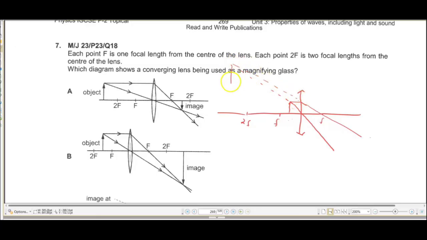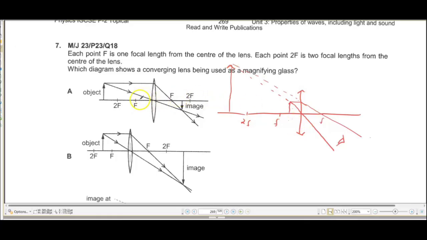The image is formed over here. So this is basically the case, and you've got to place your eye over here to see that. So whatever scenario matches with this one, that is going to be a magnifying glass.